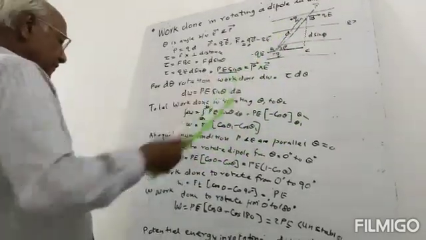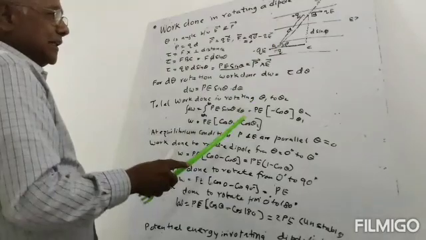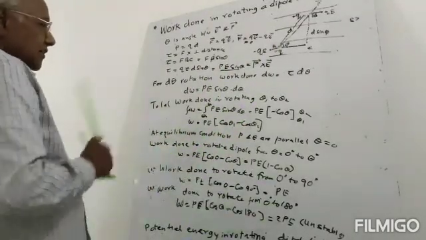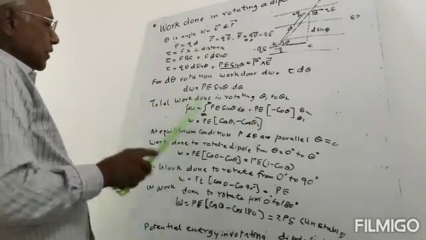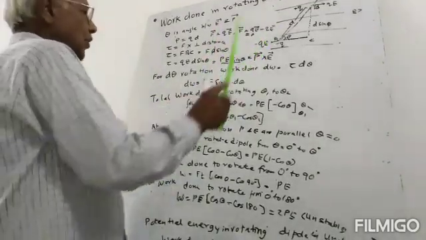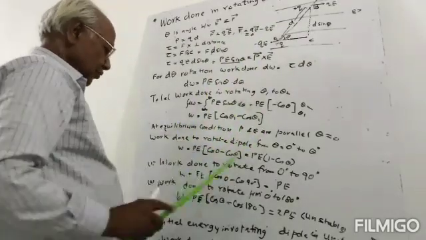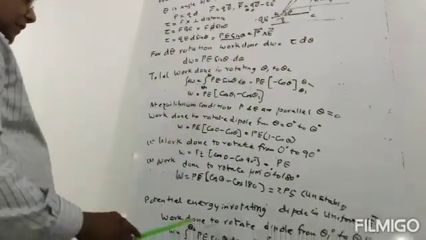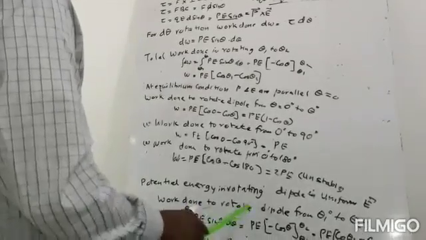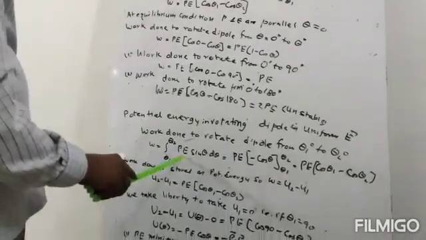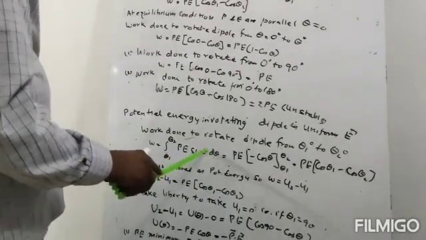So if you want to find the potential energy, then we will directly take the situation of how much work is done to rotate from theta 1 to theta 2. So the work done will be W equal to the integral from theta 1 to theta 2 of P E sin theta d theta.